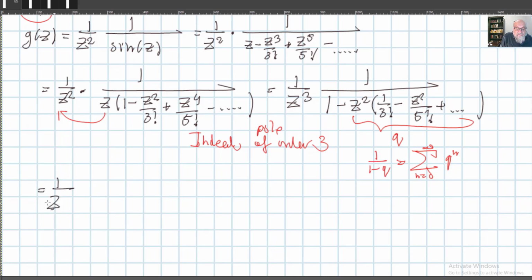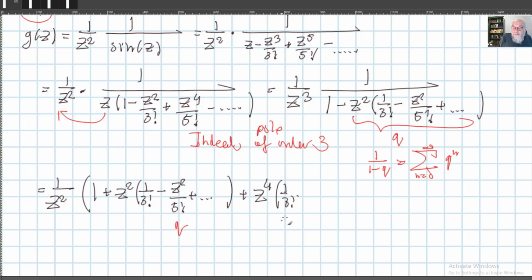So that one is z squared, and here I'm getting 1 plus z squared over 3 factorial minus z squared over 5 factorial plus, and then you have another one, z to the power 4 over 3 factorial.